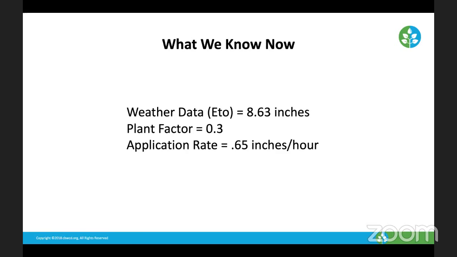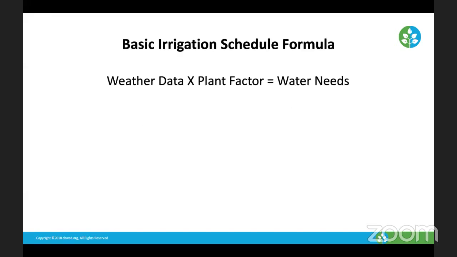We need to know how many inches per hour my system is delivering. Again, with point source it's a little difficult to understand exactly what your application rate is, especially with adjustable drip systems, like the micro sprays example, where you can adjust them from 0 to 13 gallons per hour, knowing exactly how much water is coming out, or the application rate.